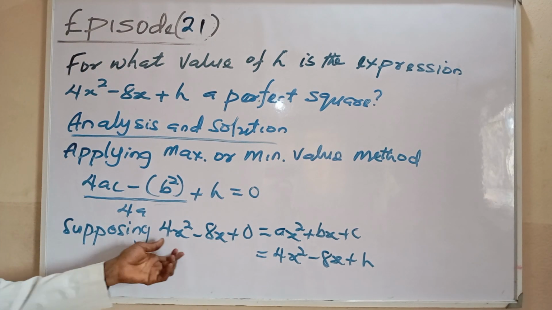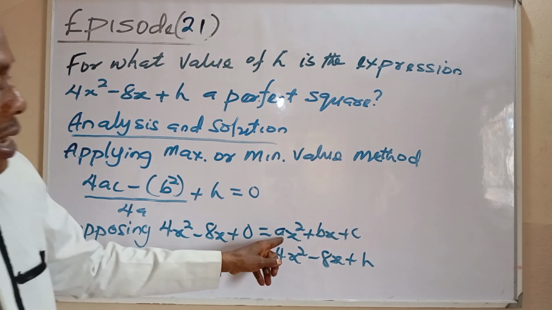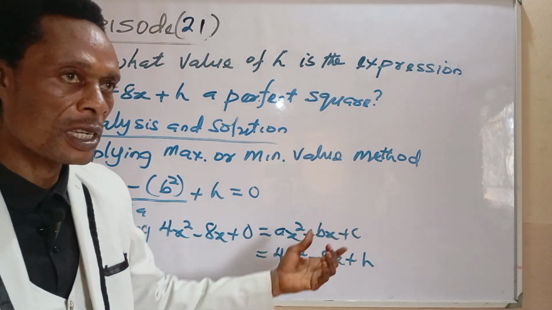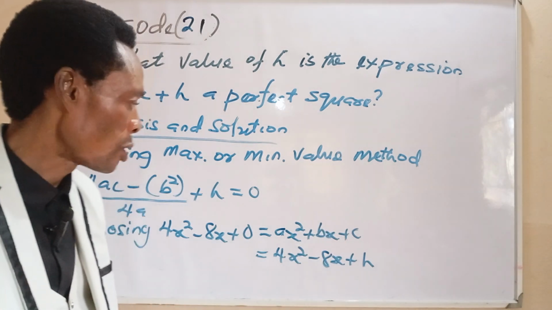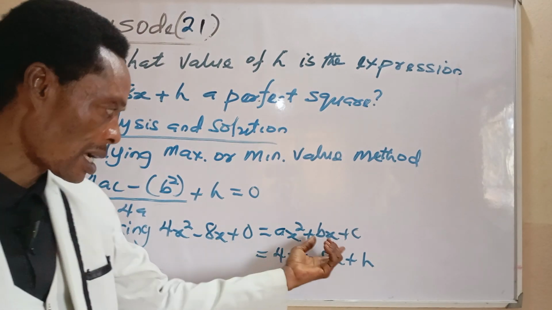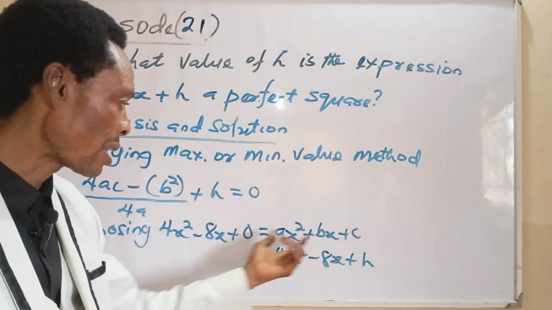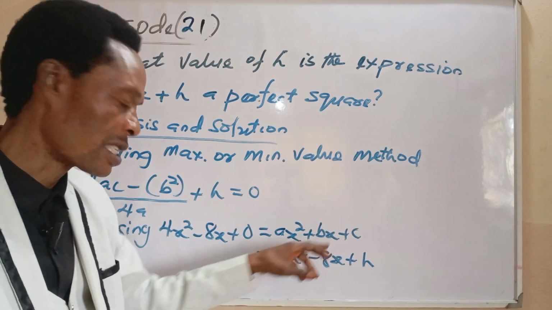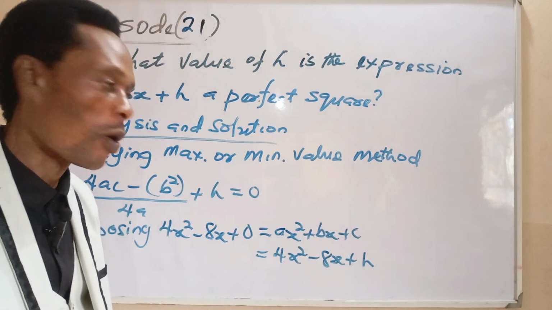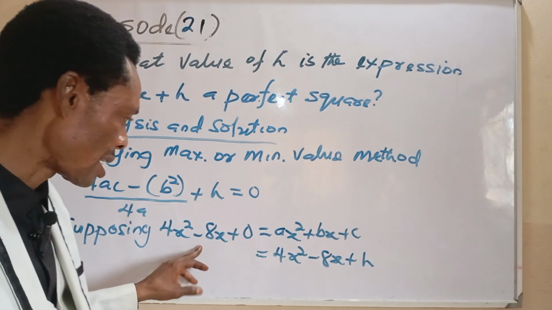It says supposing 4x squared minus 8x plus 0 equals ax squared plus bx plus c. This is the general quadratic equation or format. So you are comparing this with this, comparing their corresponding terms, the coefficients.